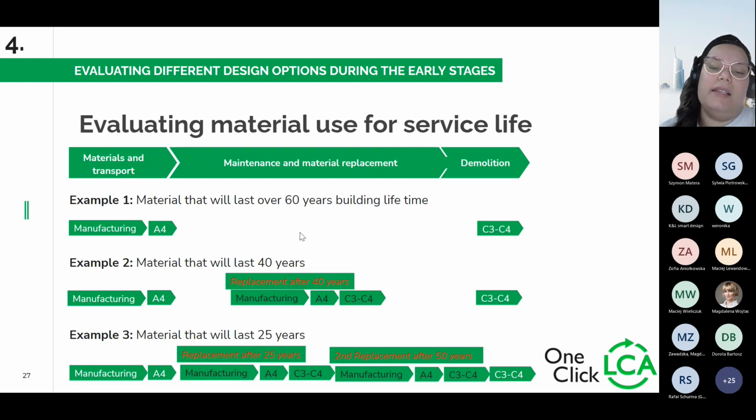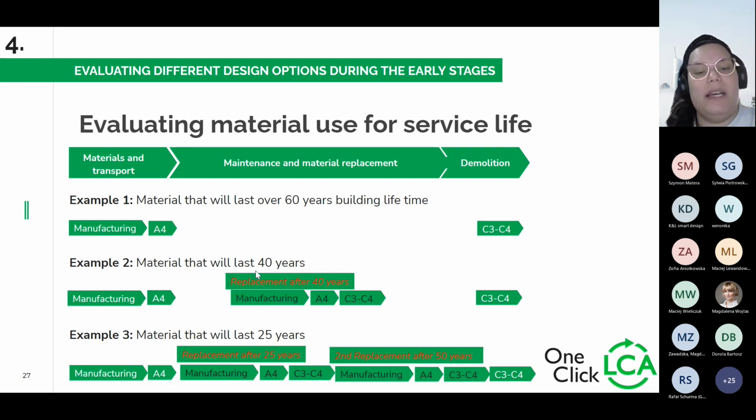But if the building has, let's say, a lifetime of 60 years, and we have a material that will cover this lifetime of 60 years, then we will only have the manufacturing stage and then the demolition stage and the use stage for only once.